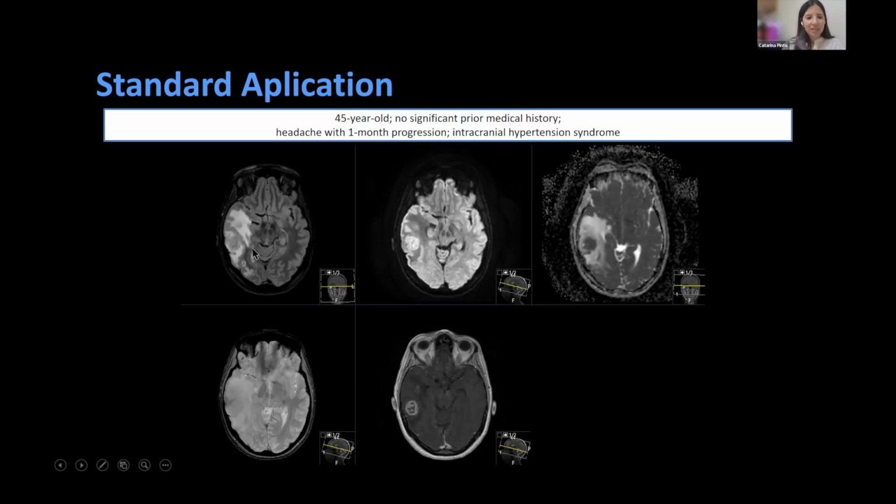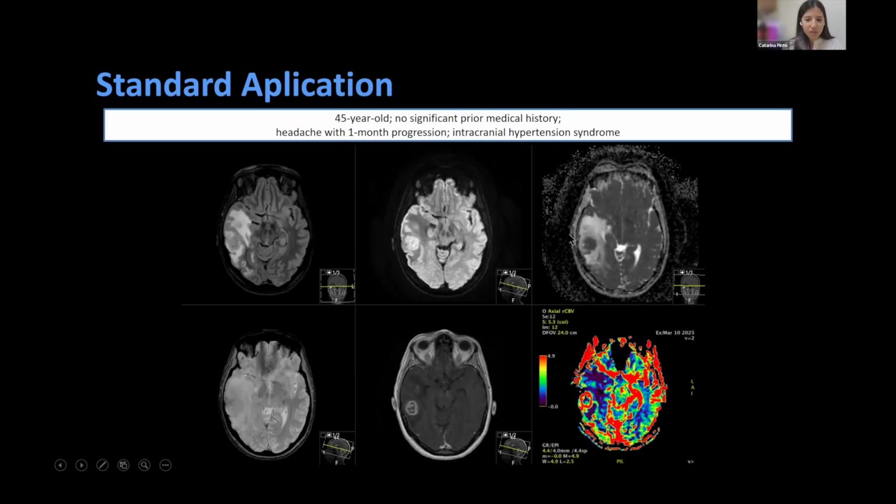There is a solid component with restricted diffusion, no hematic components, but with enhancement, mainly on the periphery with a necrotic center. Just with these images, we could put the principal hypothesis of glioma, mainly a high-grade glioma because of the contrast enhancement and the restricted diffusion.